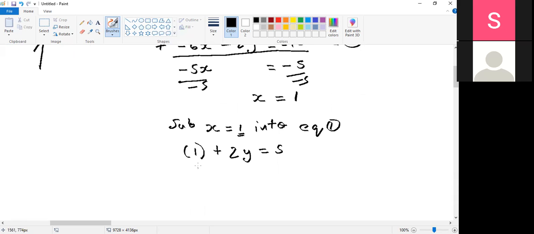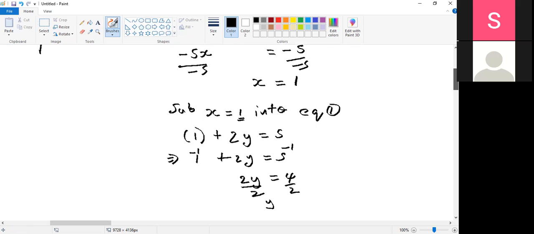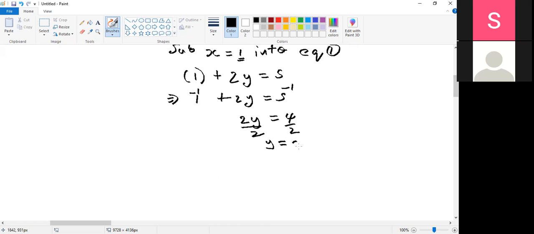Right here now, we can solve for y. So just like we would normally do, so let me just fix this up. We would say, all right, subtract 1 from both sides because we want to get y by itself. We're solving for y. So this is 2y equal 4. Then we divide both sides by 2. So y is equal to 2.